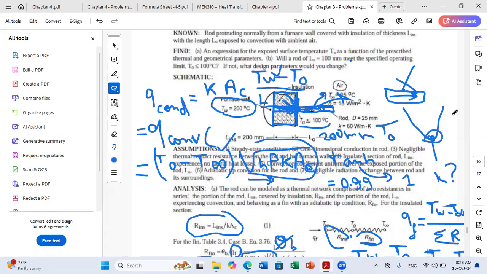While in the other scenario, if I get, for example, instead of 400, 100 millimeter, this means that if I extend my fin beyond 100 millimeter, it's useless.